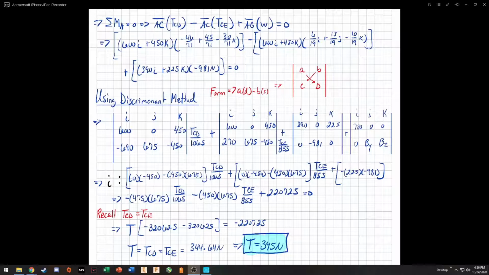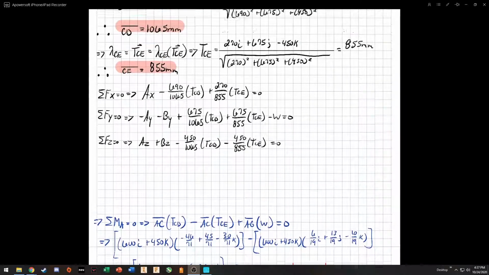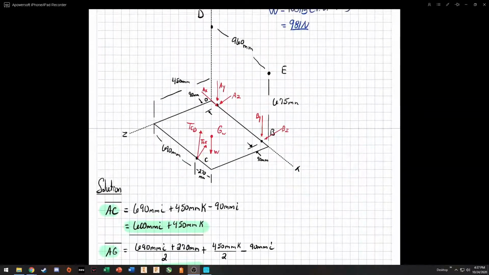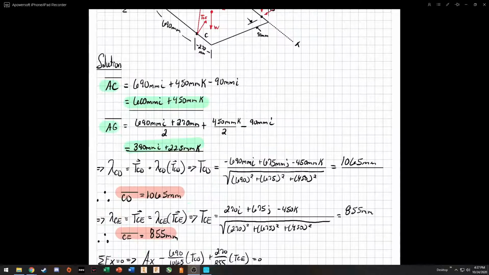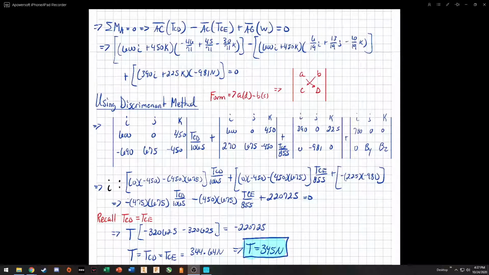Plus i, j, and k of our weight, which is right here, 390, 0, 225, 0, negative 90, 981, and 0. And then we also need to keep in mind our forces in the By and the Bz right here. In the discriminant method, we have 780, 0, 0, 0, By, and Bz.